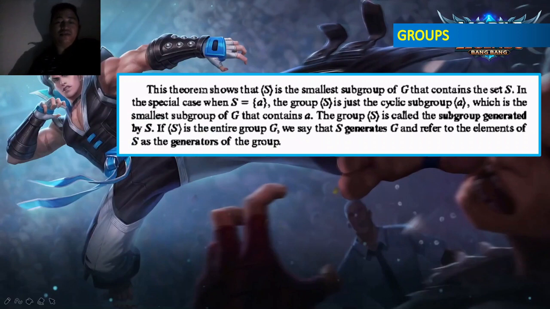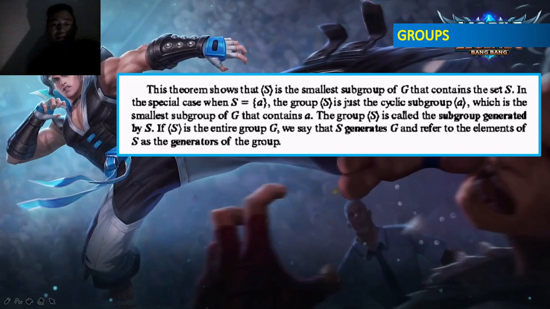So this theorem shows that the group generated by S is the smallest subgroup of G that contains the set S. In the special case when S is equal to a, the group generated by S is just the cyclic subgroup generated by a, which is the smallest subgroup of G that contains a.